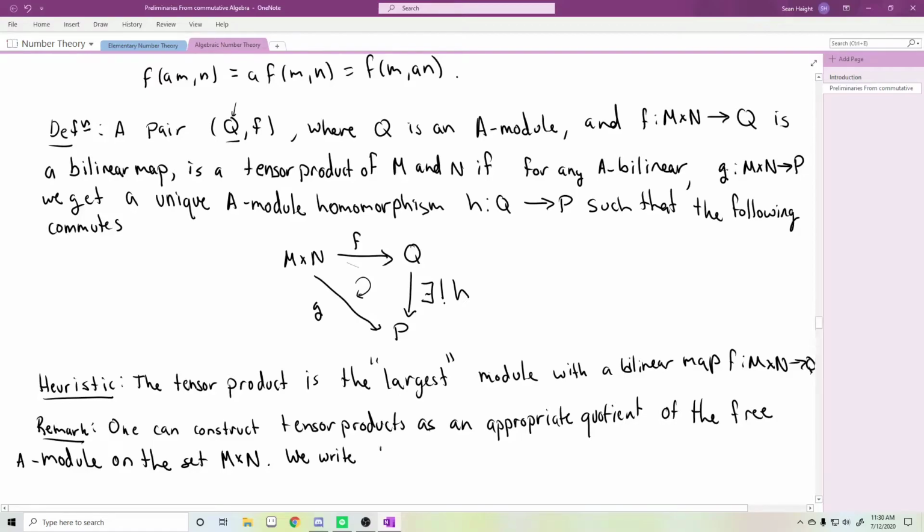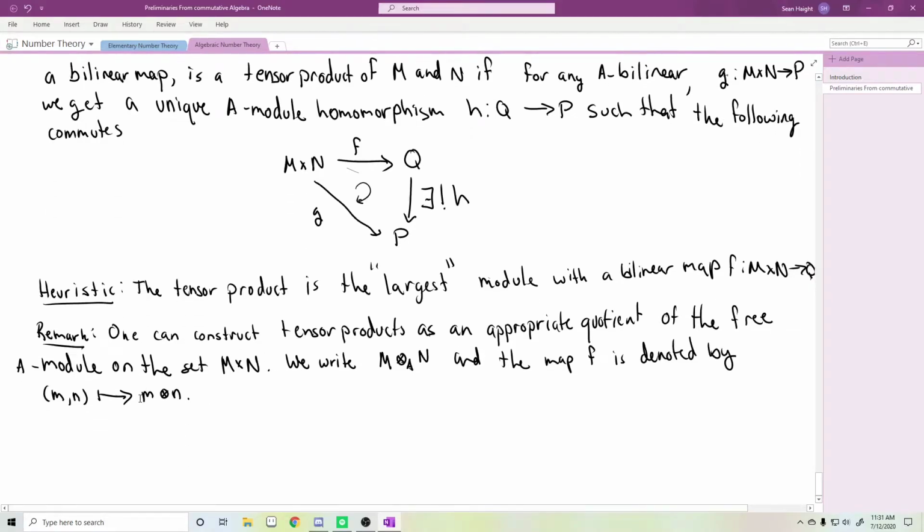Typically we write M tensor over A with N, and the map F is denoted by sending a pair (m, n) to what we call a simple tensor, little m tensor little n.